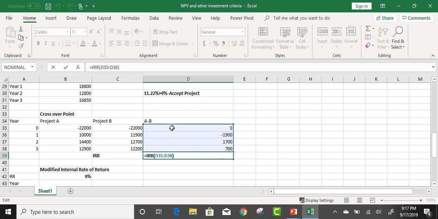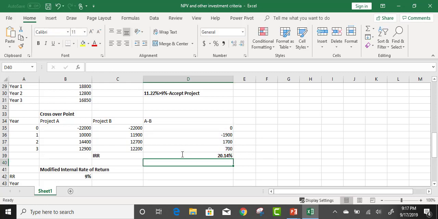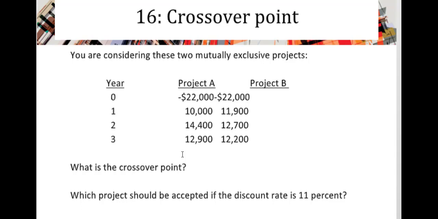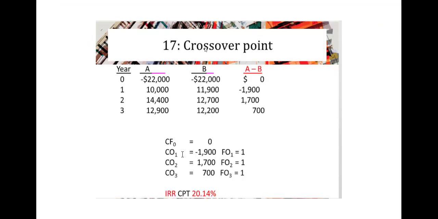So we created a third column which shows the difference in cash flows. The internal rate of return using the same equation is 20.14%, which is greater than the required rate of return of 11%. So the project should be accepted.